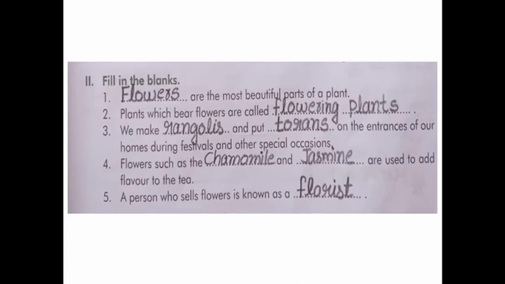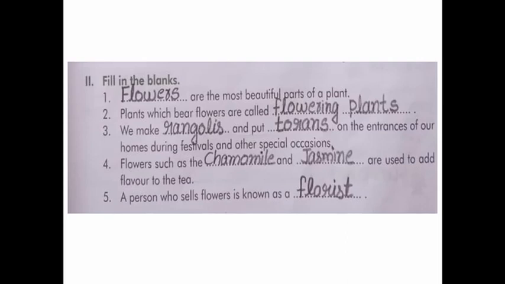Our next exercise is fill in the blanks. Number 1. Dash are the most beautiful parts of a plant. Correct answer is flowers. Number 2. Plants which bear flowers are called dash. Correct answer is flowering plants. Number 3. We make dash and put dash on the entrance of our homes during festivals and other special occasions.